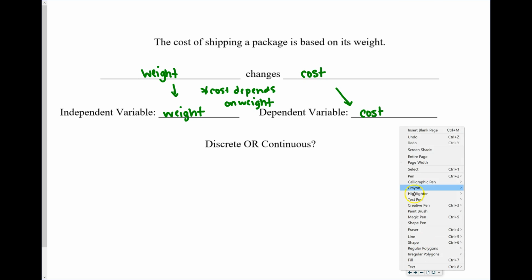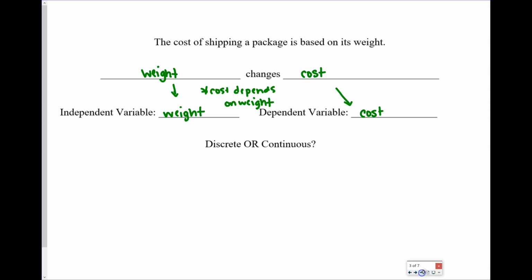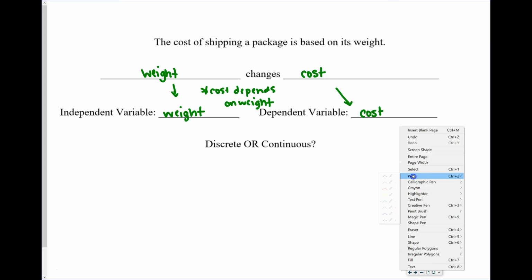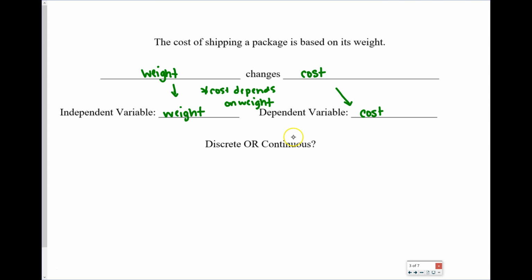Is this going to be a discrete or continuous graph? Well, when I think about going to the post office, I don't know if you guys have ever been there, when you go to the post office, it's not like it weighs 1, 2, 3, 4, 5. It could weigh maybe 2.5, or it could weigh 3.75.